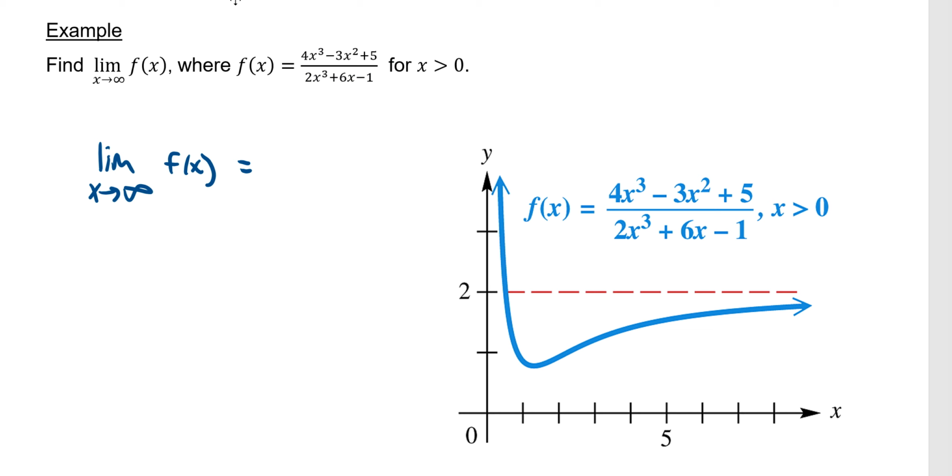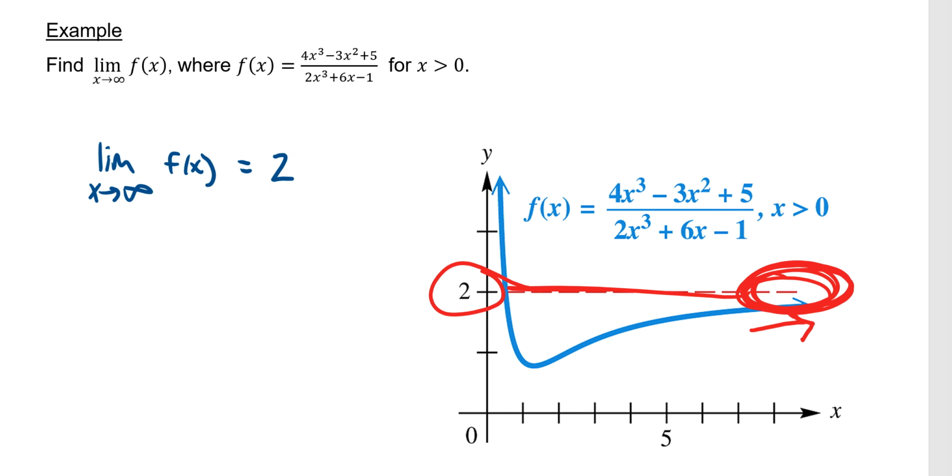So looking at the graph, we want to know what is the limit as x approaches infinity. So positive infinity means we're going to look all the way to the right and say, where are the y values approaching as x gets larger and larger, more and more to the right. Just like the previous one, it looks like as we go more and more to the right, it's approaching this horizontal asymptote, which is a y value of 2.